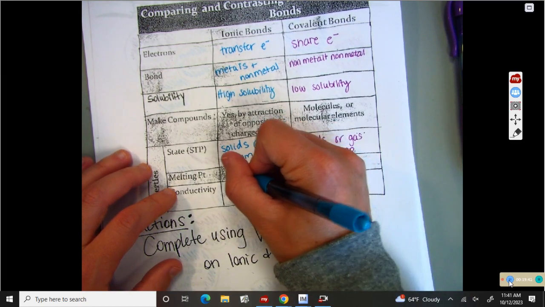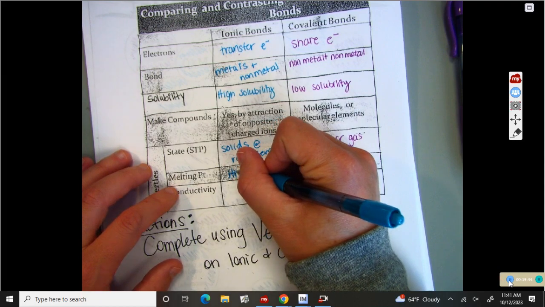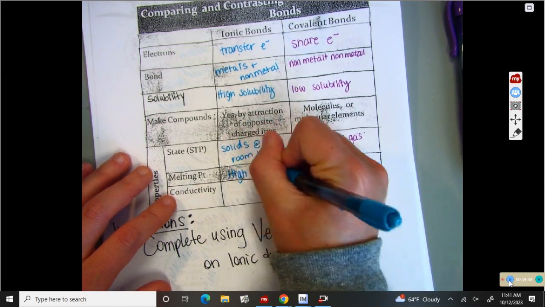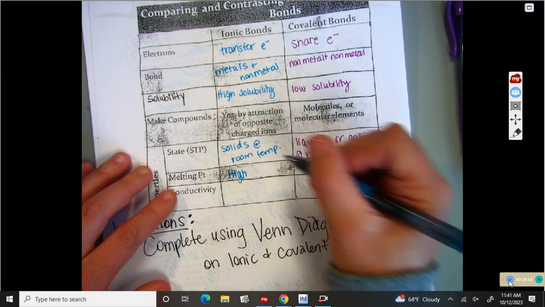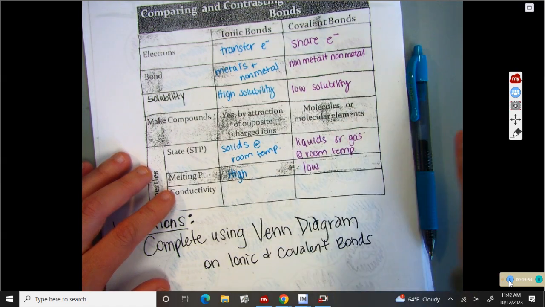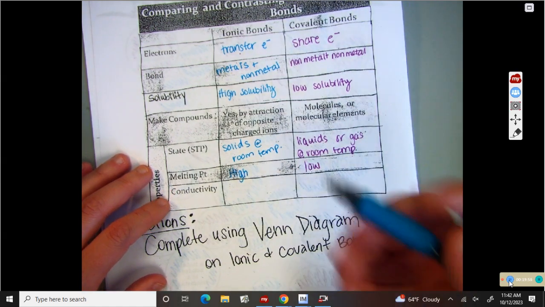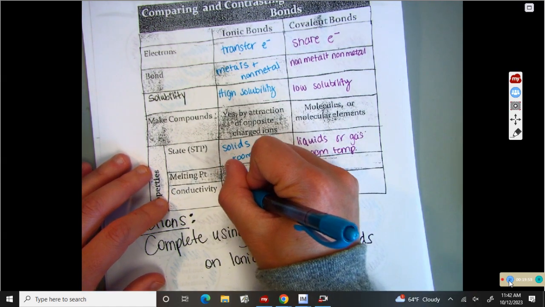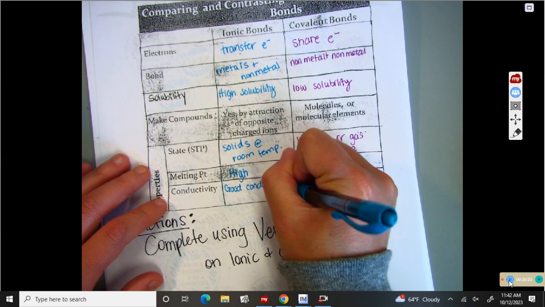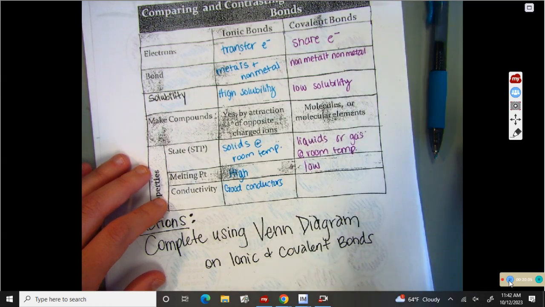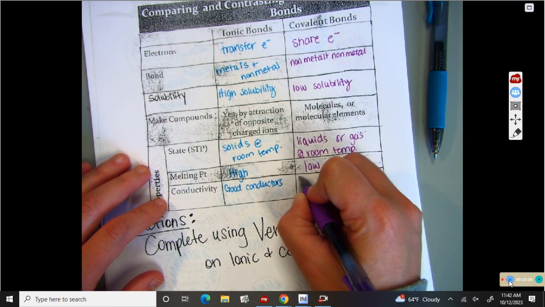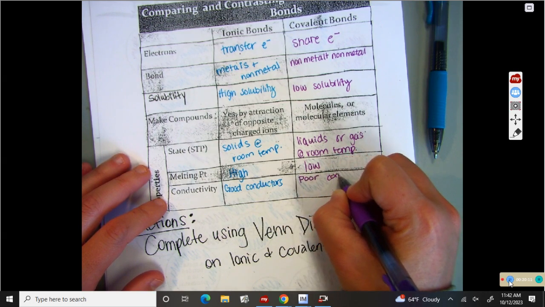Ionic bonds, is hard to melt a metal. They're going to have high melting and high boiling points. Covalent are going to have low melting points, and they're easier to melt and boil. Conductivity. Ionic has metals in it, so we know they are good conductors. Covalent bonds with all nonmetals are poor conductors.